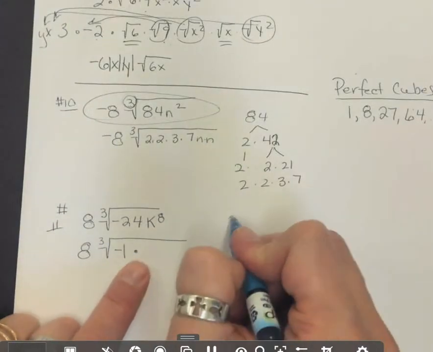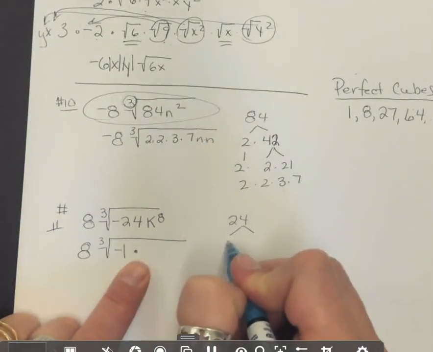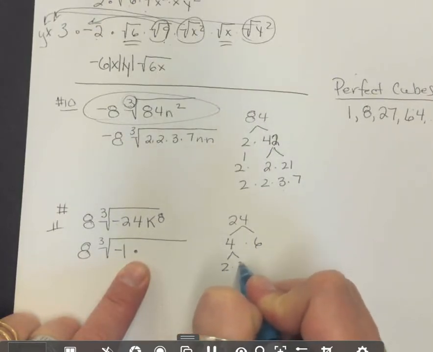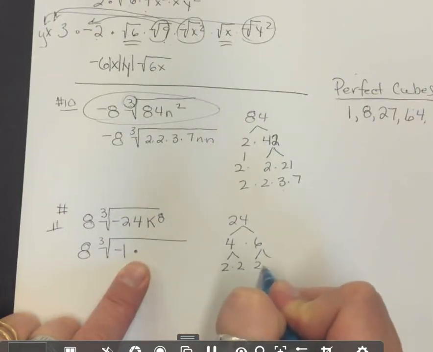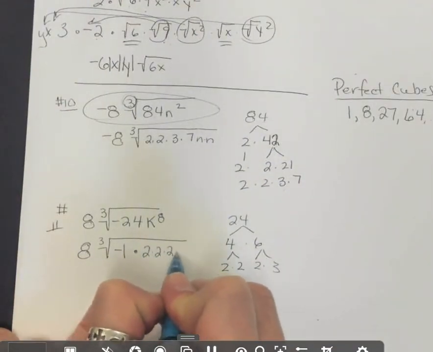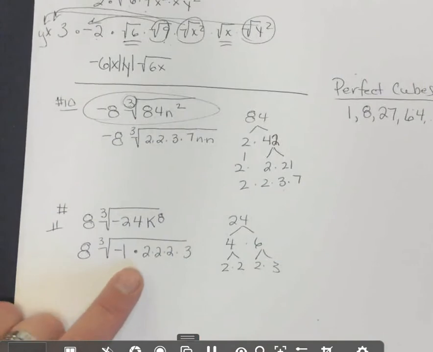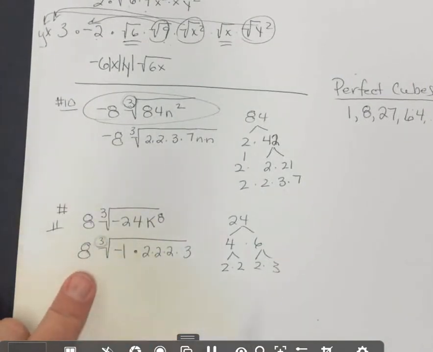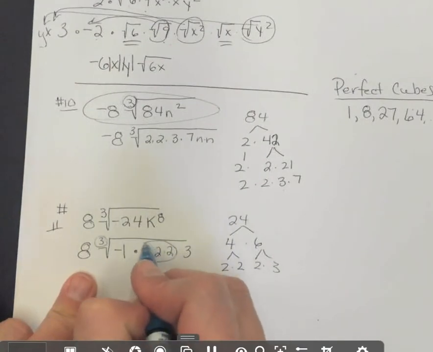And now 24 breaks into 4 and 6. That breaks into 2 and 2. And 6 breaks into 2 and 3. So I've got 2, 2, 2, and a 3. So when I'm evaluating that, I need sets of 3 of them. So 2 times 2 times 2 is 8.